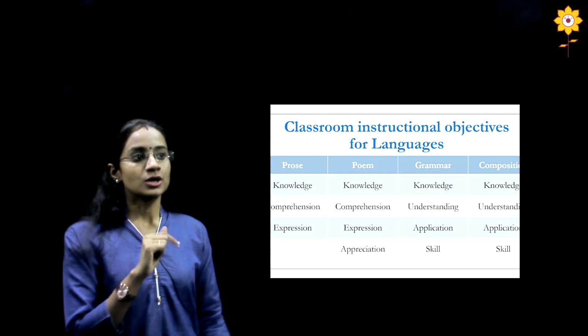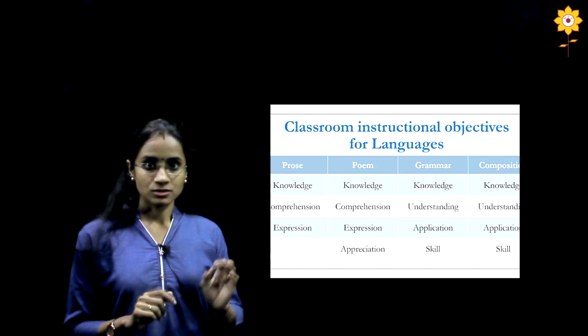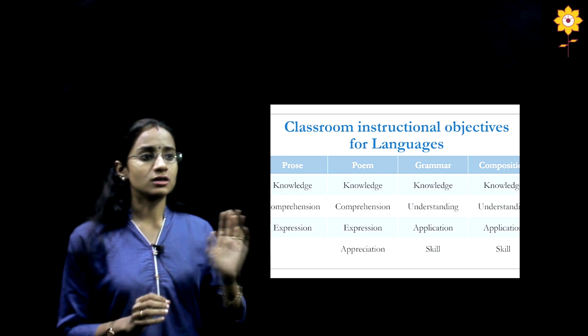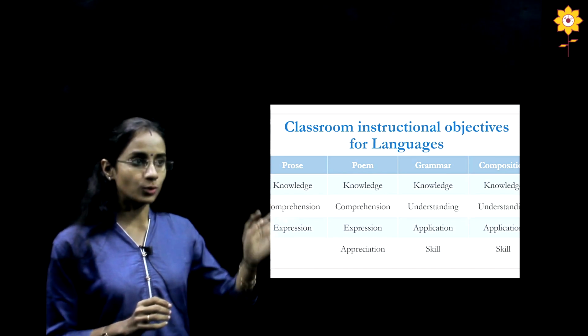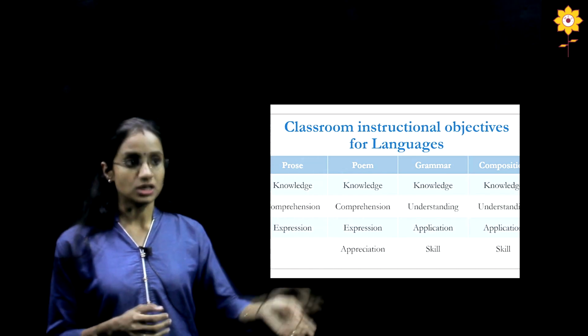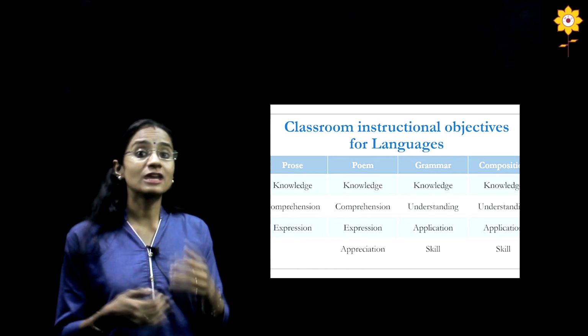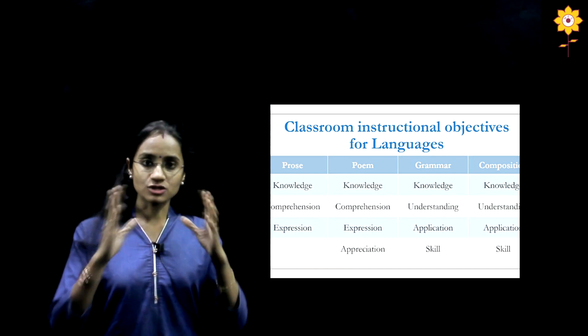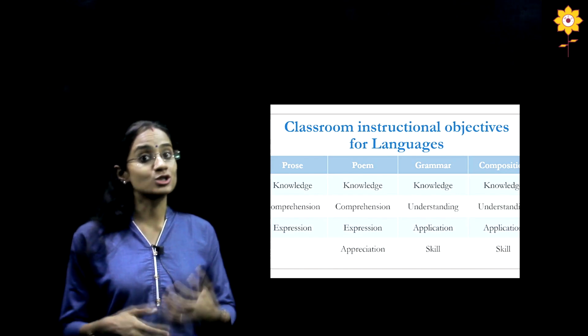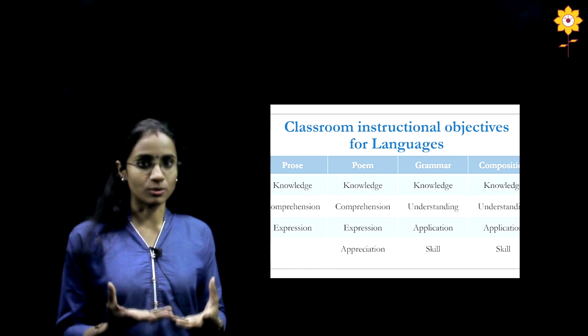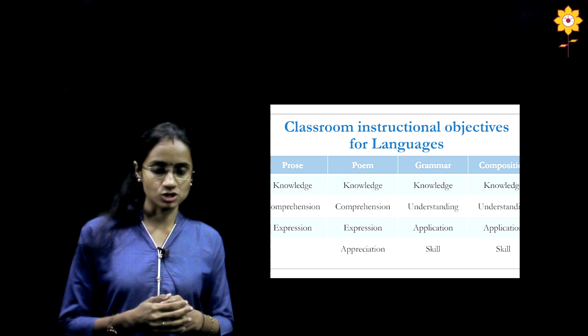Now this is for languages, to be very specific. Here it is like prose, poem, grammar and composition. When it's a prose, you will have knowledge there. Then you will have comprehension, because after a poem is taught, the child should be able to comprehend and give you information about that.